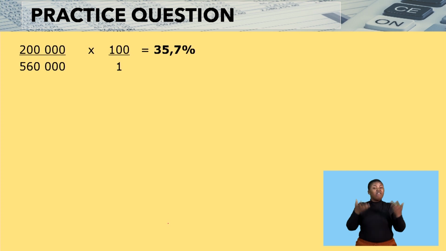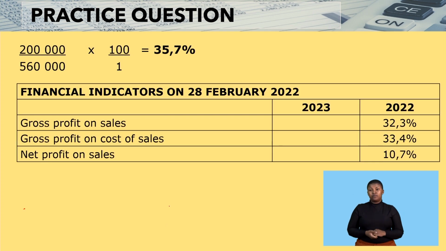Once you have done your calculation, you now need to comment. On commenting, we are given indicators already calculated for 2022. Our gross profit on cost of sales is 33.4%, and in the year 2023, we have calculated 35.7%.